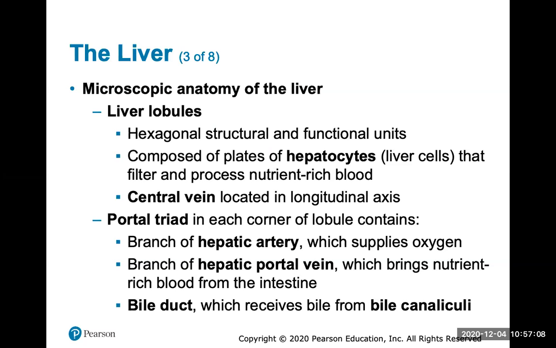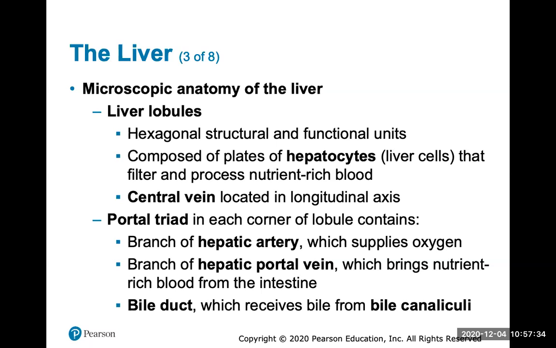The liver lobules are composed of plates of hepatocytes, which are liver cells. They're in a hexagonal structure. There's a central vein located in the longitudinal axis of each plate of hepatocytes. There's a portal triad that includes a hepatic artery, a hepatic portal vein, and a bile duct, which receives bile from the canaliculi. So the hepatic artery will supply oxygen to the liver, and the hepatic portal vein brings the nutrient-rich blood from the intestine.